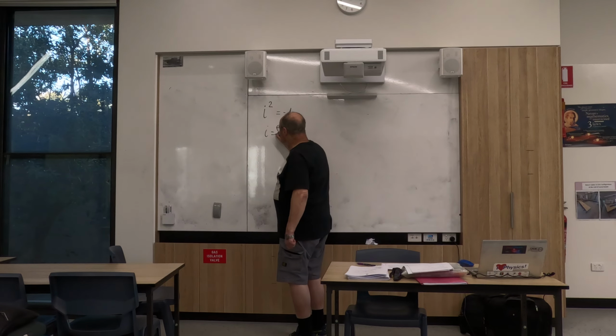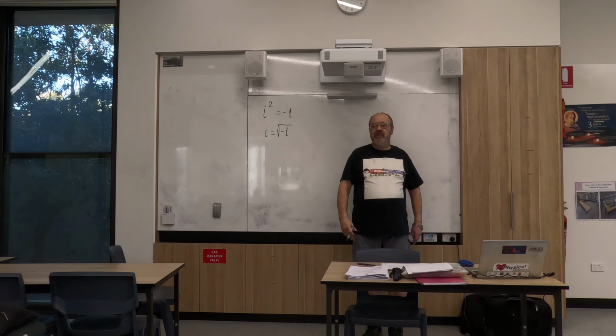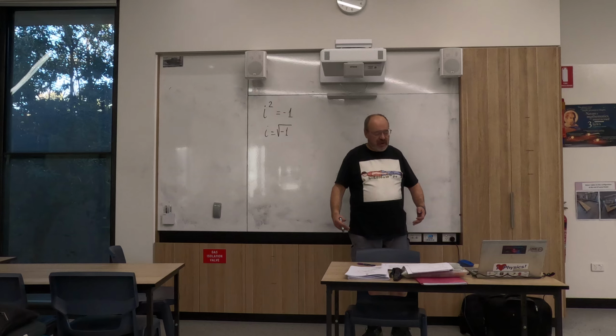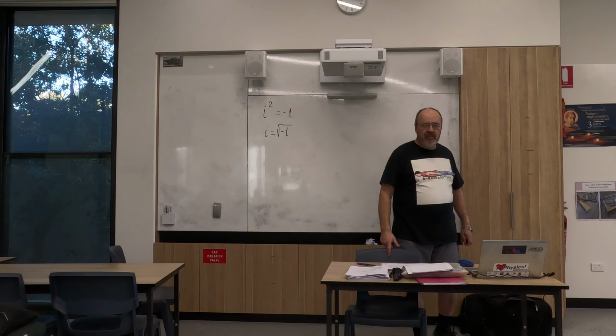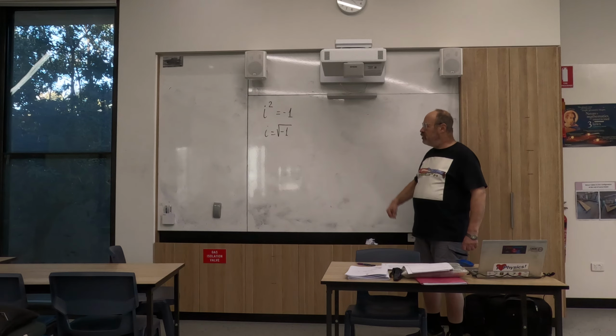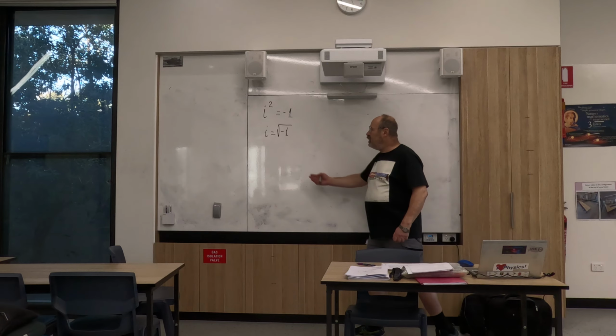So i equals the square root of -1. We never used that before; we always said we cannot take the square root of a negative number. Now we will know that we can, using imaginary i.